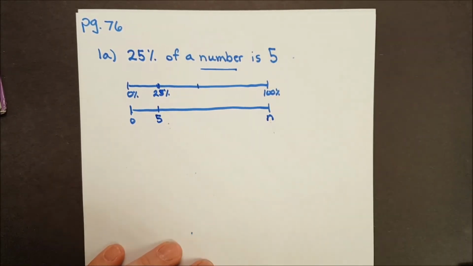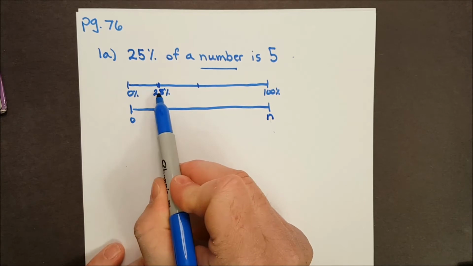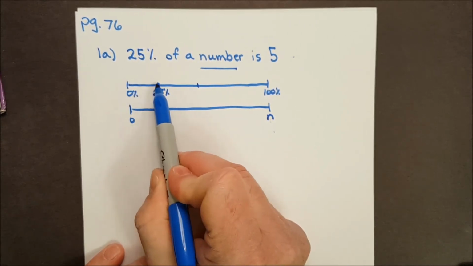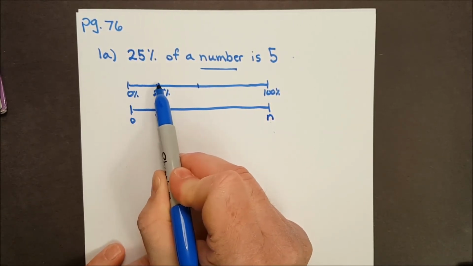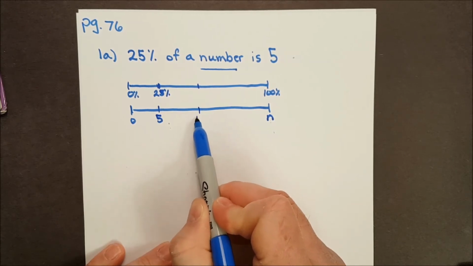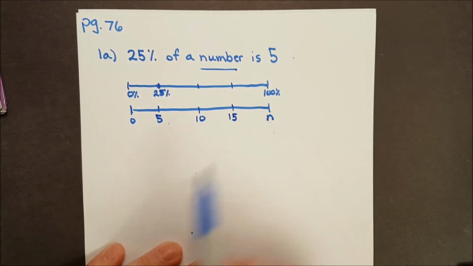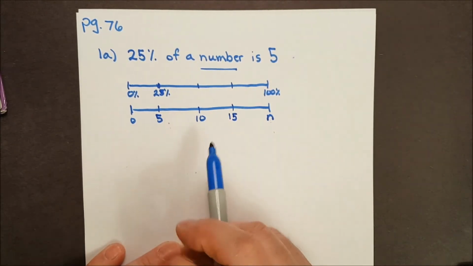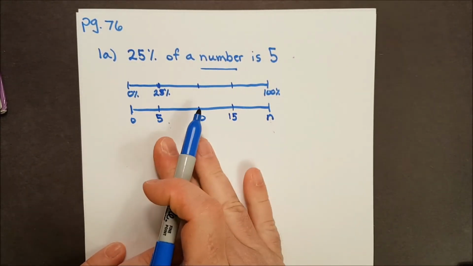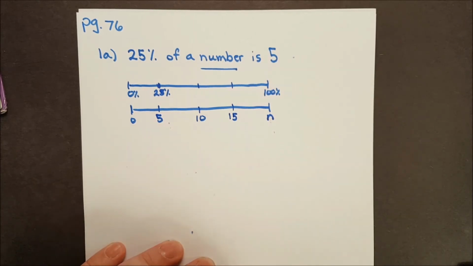Now, we can do this by inspection once again. 25% is 1/4, so 25, this would be 10, 15, the answer would be 20, n would be 20. But many problems don't use friendly numbers such as 25, 5, and 100.